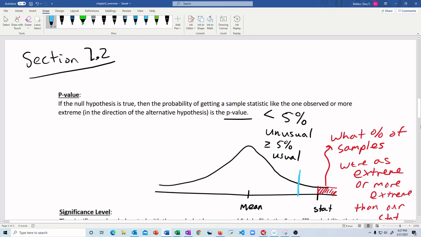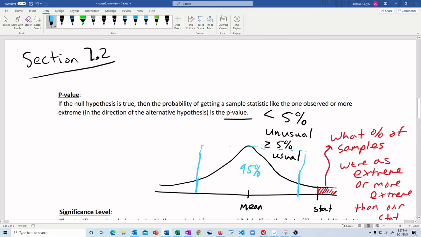Here is the cutoff, maybe, for this picture, with 95% in the middle, 5% outside. We did that calculation, figured out where that was on the picture, and then brought our stat in. All this p-value is doing is just going the opposite way. It's saying, wait, don't do that yet.